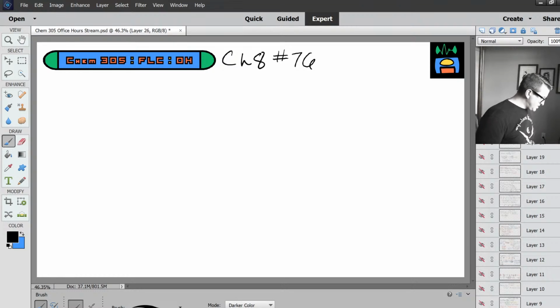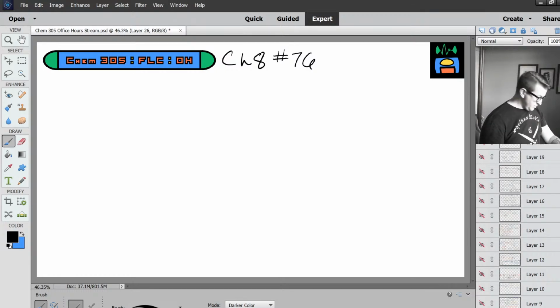Chapter 8, 76: a solution of hydrogen peroxide in water with a volume of 50 milliliters is diluted by adding 70. Calculate the solution's new concentration given the following original concentrations.